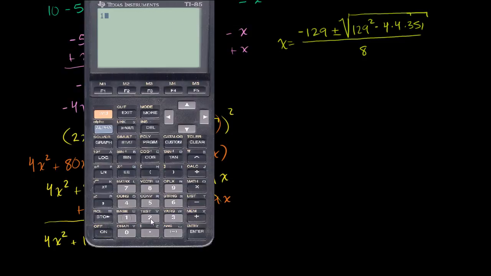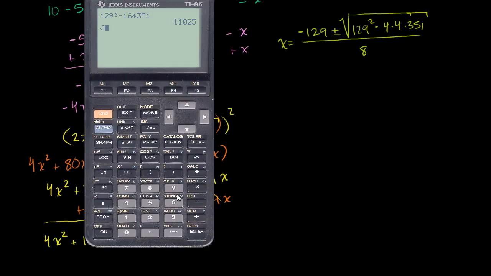So we have 129 squared minus, we're going to say 16 times 351. Nope, that's not what I wanted to do. Whoops. 16 times 351. 4 times 4 is 16, times 351 is that crazy number. Let's take the square root of it.